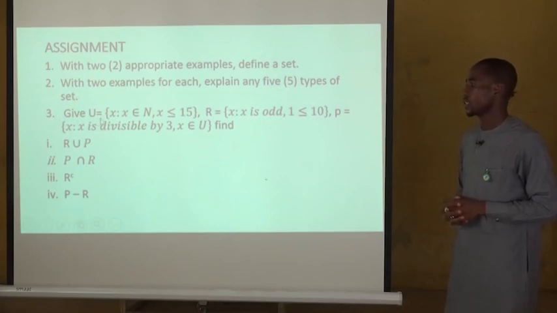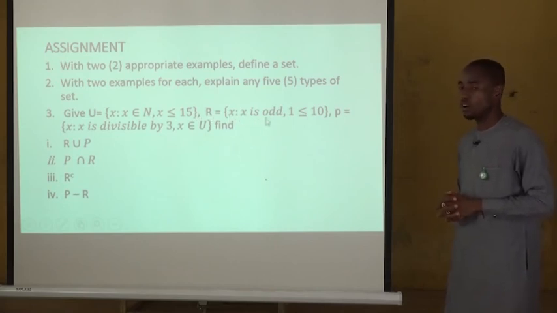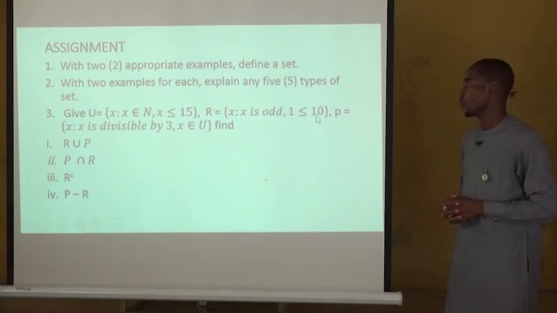Given the universal set U with element x such that x belongs to a set of natural numbers, x less than or equals to 15, R is another set of x such that x is odd, that is odd numbers, 1 less than or equals to 10, and P is a set of x such that x is divisible by 3 and x belongs to the universal set.